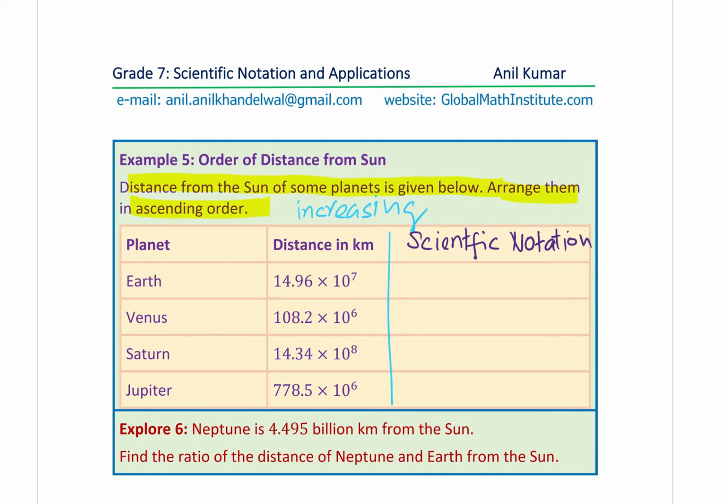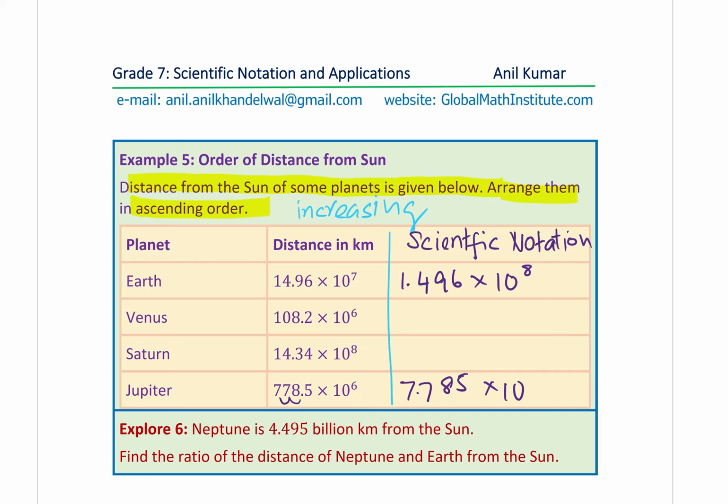So I've added this particular column. So basically, for example, the first one, you can write this as 1.496 into 10 to the power of, since we moved left, we have to add the power, correct? So 8. So likewise, you could actually write them all first in scientific notation, then compare. For example, for Jupiter, it will be 7.785 into 10 to the power of, you moved this time two places, correct?